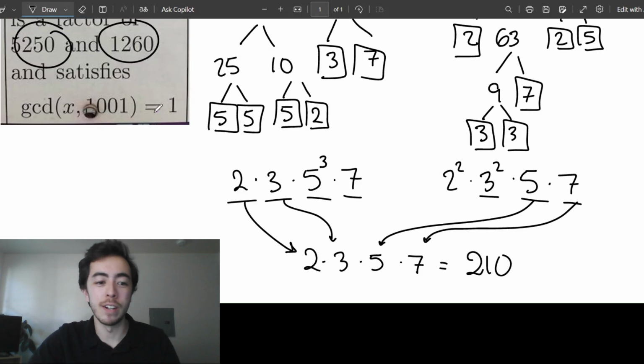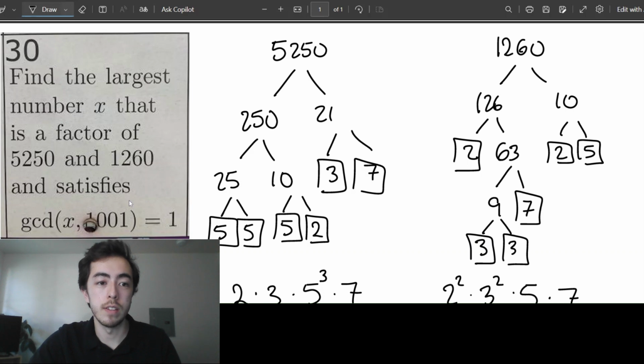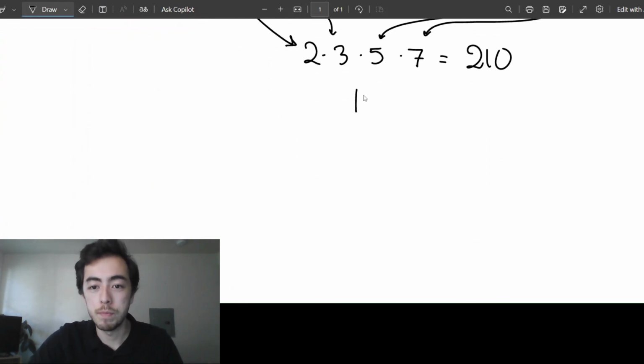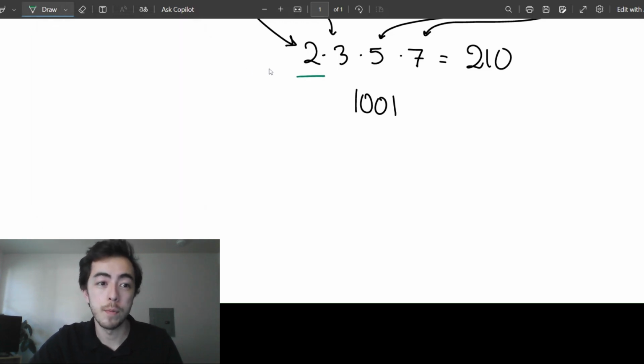We now need to consider this condition right here, where our number x also satisfies the condition that the greatest common divisor between x and 1001 is just 1. Or in other words, x and 1001 don't share any factors. So I need to factor 1001 and see what primes show up, and then cancel out any primes that show up in this number. Well, 1001 is clearly odd, so this 2 gets to stay.